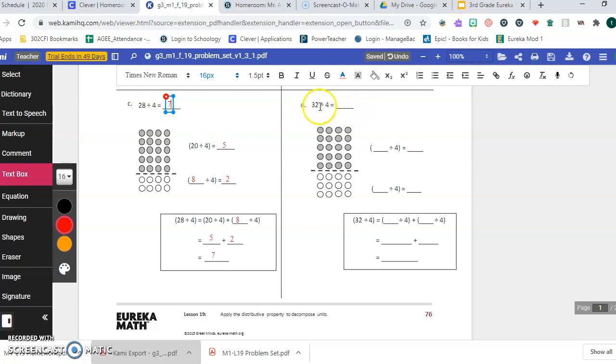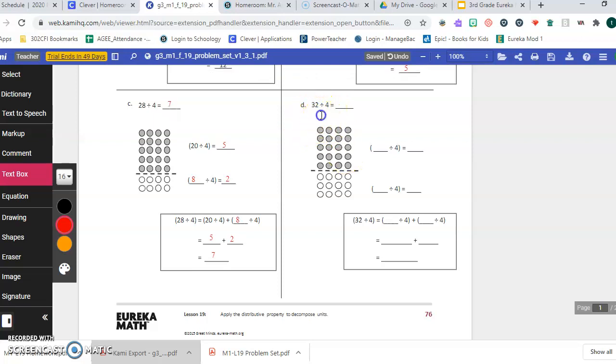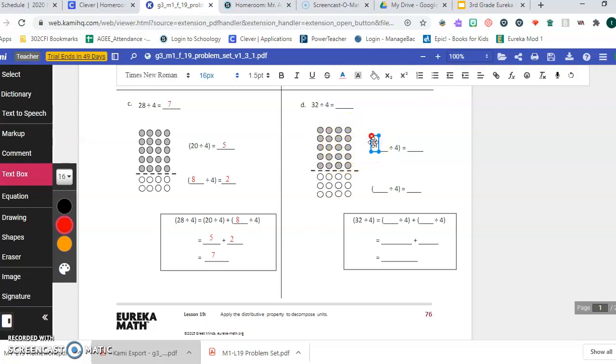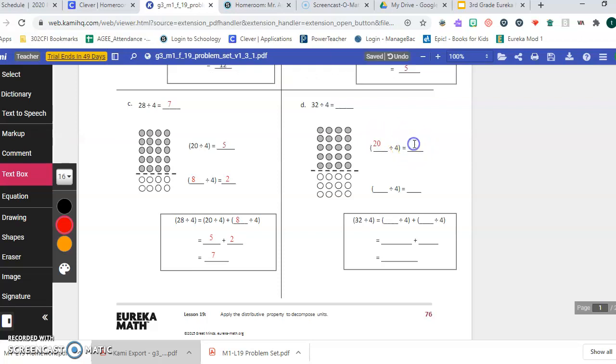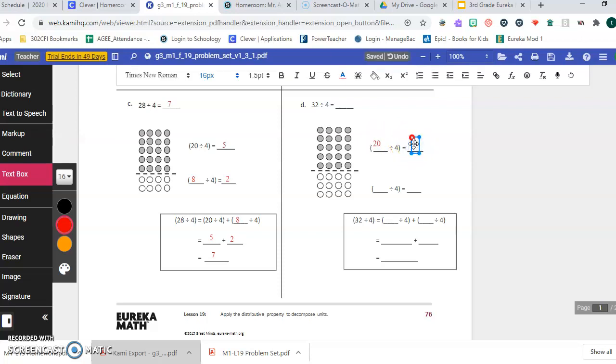So when I'm dividing 32 total items into groups of 4, I can break this 32 into a smaller number. How many groups do I have here? Let's count them. 1 row of 4, 2 rows of 4, 3 rows of 4, 4 rows of 4, 5 rows of 4. So 5 rows of 4 is 5, 10, 15, 20. So I've got 20 divided by 4, and that gave me 5 groups.